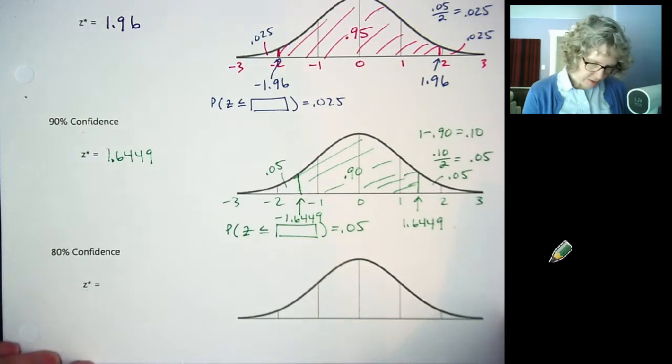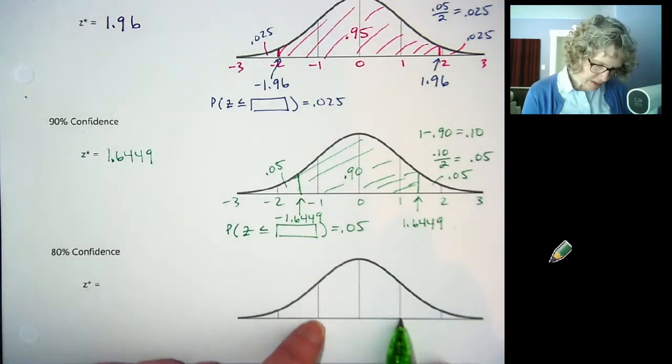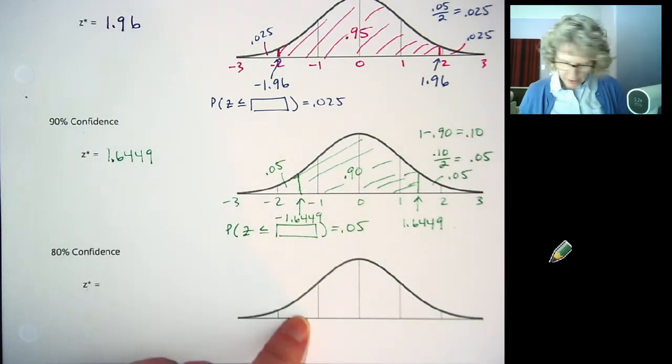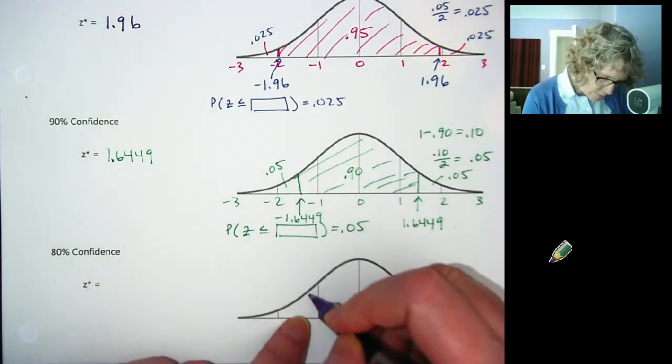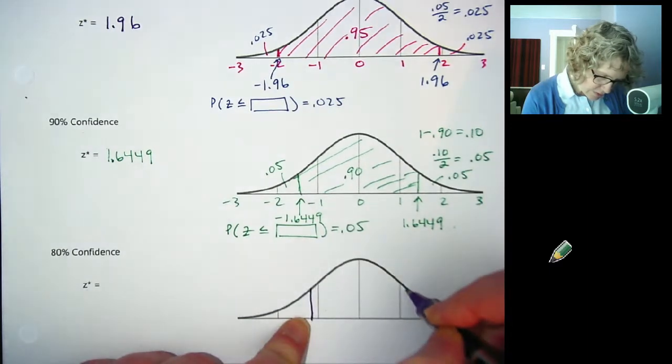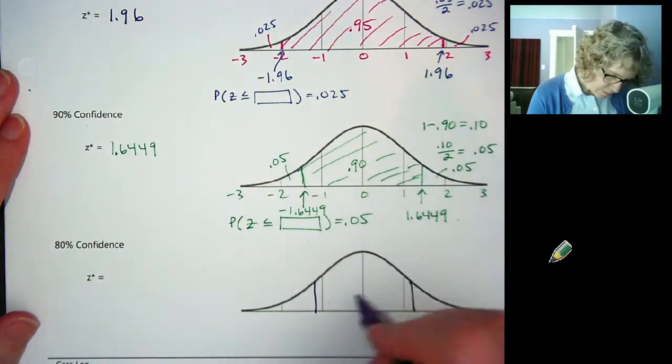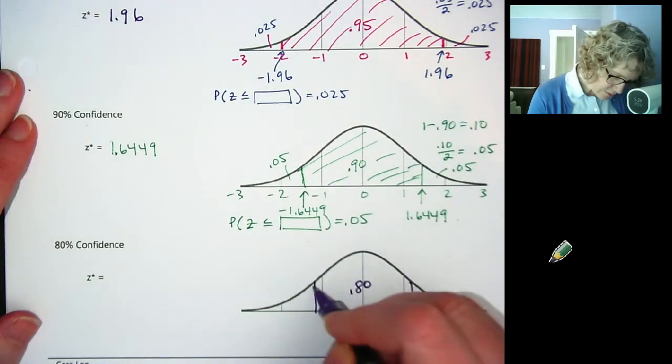80%. So 68. It's got to be inside the 90, right? But more than 68. So somewhere in here, maybe just outside 2 standard deviations. 0.80.